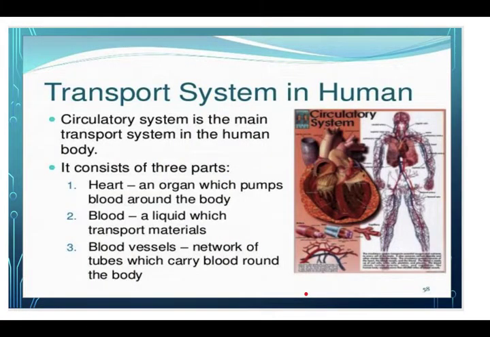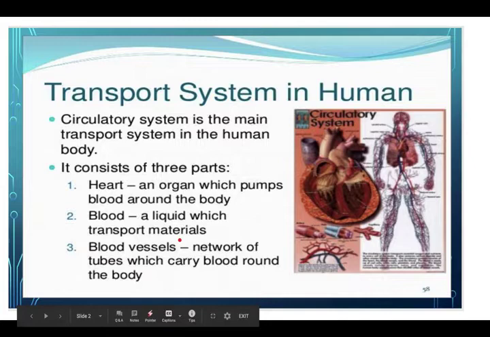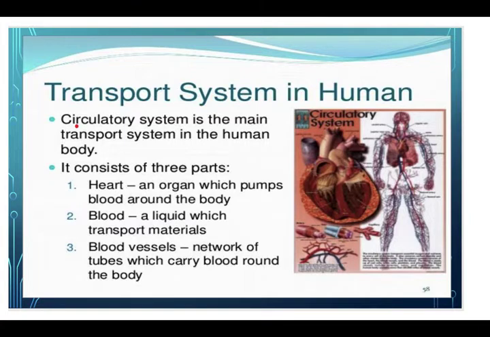In this slide, first of all, we will talk about the transport system in humans, which is important for the process of transportation. As you know, for the transportation process there is a system known as the circulatory system, which is the main transport system in the human body, and it consists of three important parts.